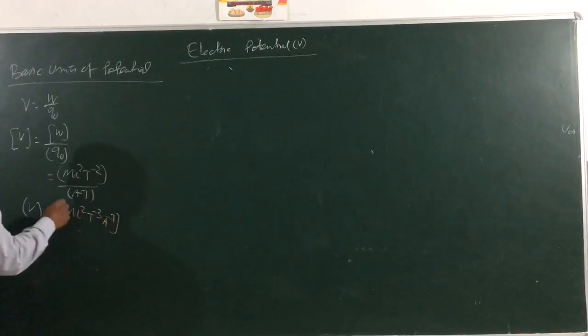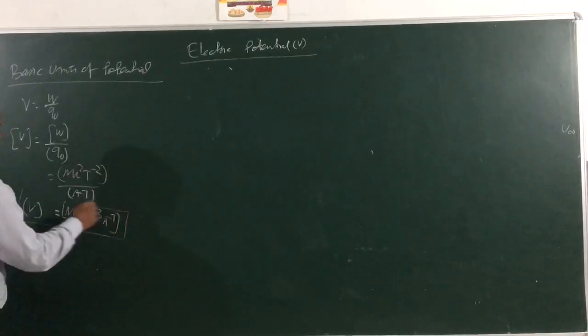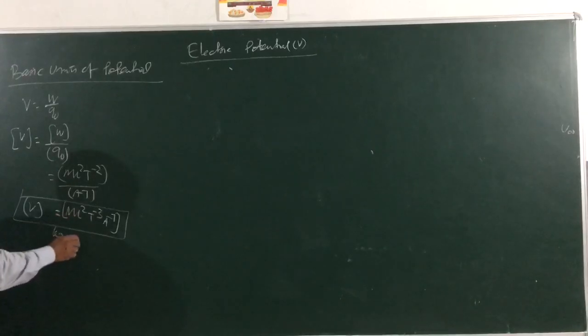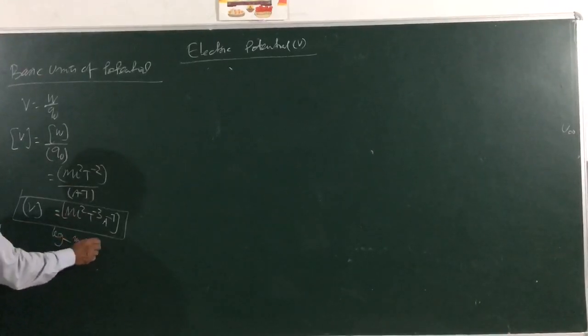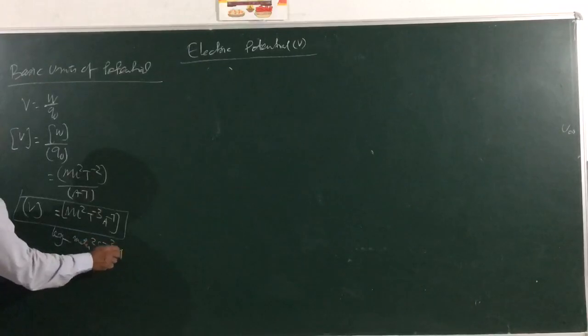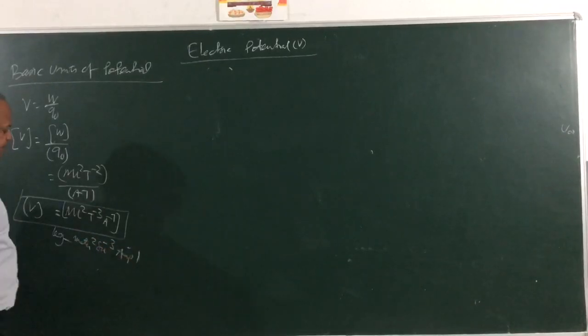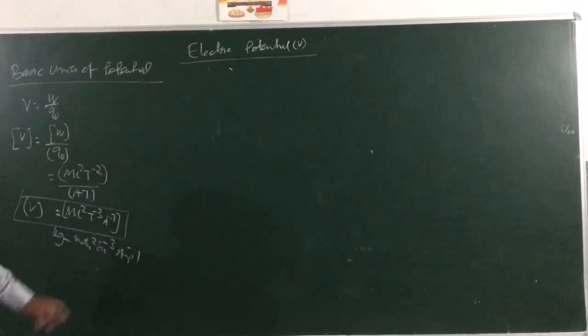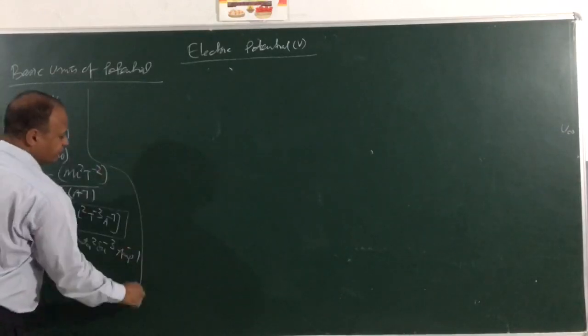So this is the dimension formula, and the basic unit is kilogram meter square per second cube per ampere. So this will be the basic units: kilogram, meter square per second cube and ampere. You should keep in mind. So eventually, what is the basic unit of potential?